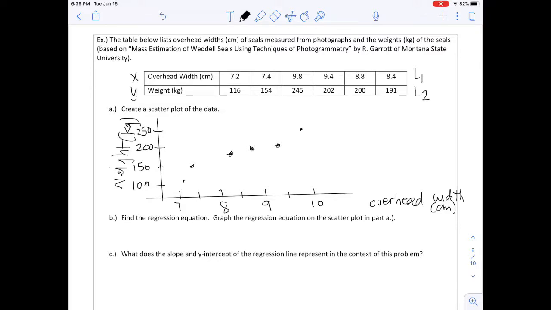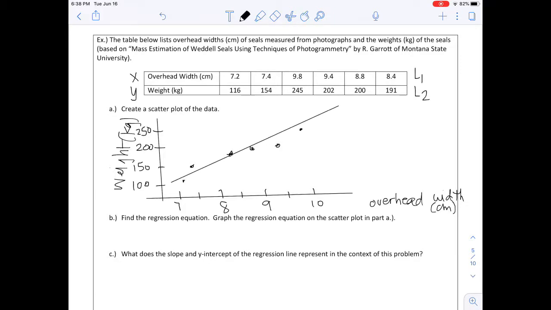And then the next part on here, part B, says to find the regression equation and then graph the regression equation on the scatter plot in part A. So your regression equation is going to be a line of best fit, and that line of best fit wouldn't be somewhere up above all those points or below those points, it's going to be somewhere in the middle.